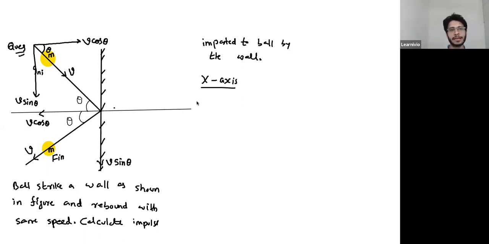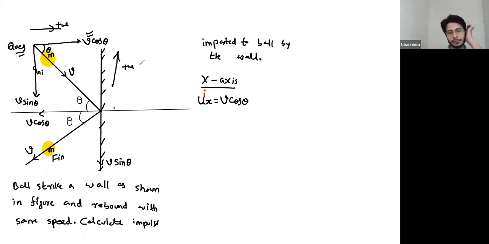So along x axis, Rania, what is the initial velocity along x axis? How much is ux? Ux initial is v cos theta. I'm considering right hand side as positive, and for y axis upwards is positive.